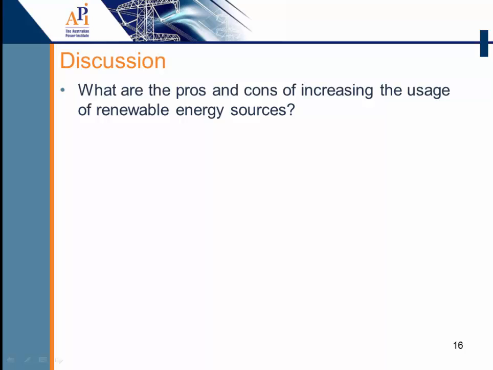Integrating them into the grid also needs a lot of improvement, like control and power electronics, but there is a lot of research in this space, and we're able to incorporate them and coordinate all the resources very well. But of course, there's still room for improvement.